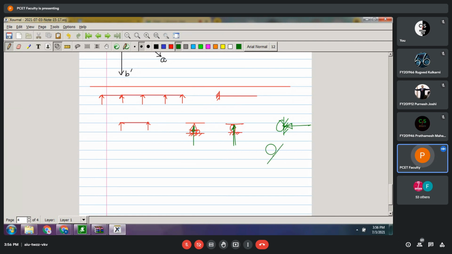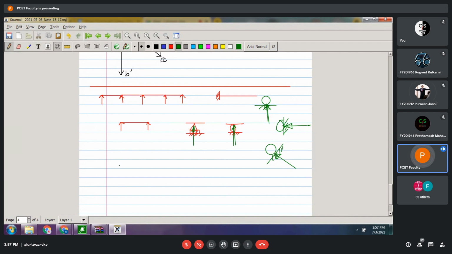If the roller is inclined with some surface, perpendicular to it will be its support reaction. If the roller is resting on a horizontal plane, vertical will be the support reaction. Is it clear? So roller always provides one single reaction which is perpendicular to the plane on which the roller is resting. Okay?